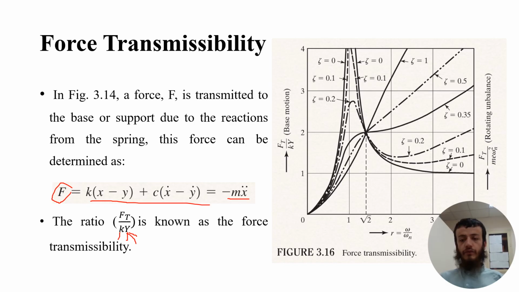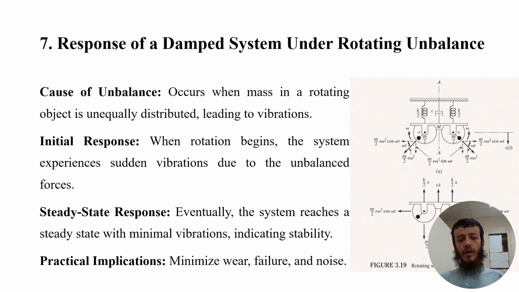On this side we have rotating unbalance. How much it is when it's unbalanced. Response of a damped system under rotating unbalance. In the system, what is the cause of the rotating unbalance?